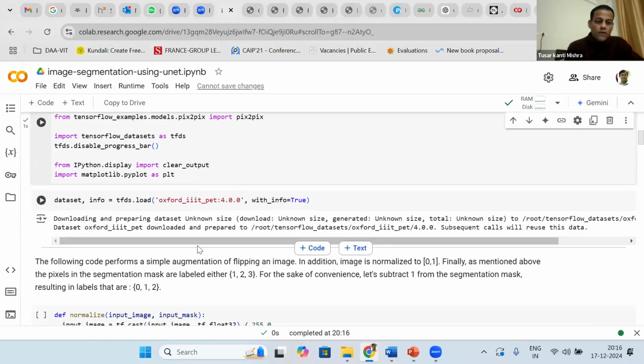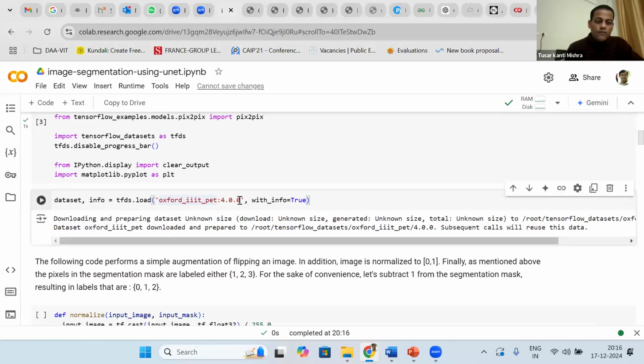Okay, done. Now talking about the dataset, this is one of the standard datasets. Much of the time people consider the Oxford-IIIT Pet dataset, so many pet images, and it is a little smaller in size, so downloading is not a big task in this context. But I need to inform all of us that in place of version 3, now we have to use version 4.